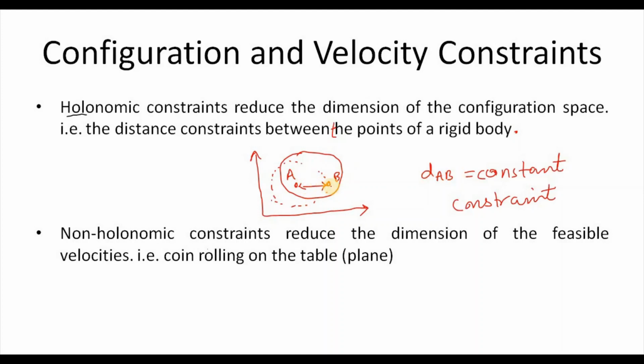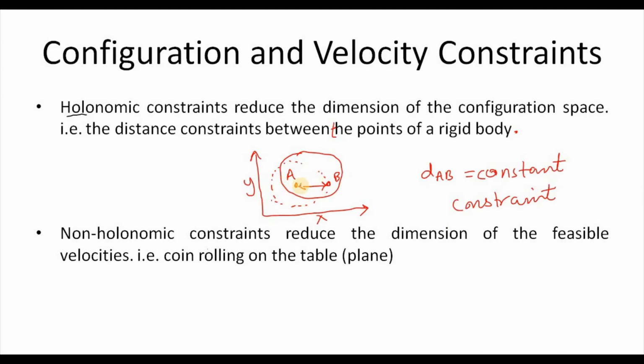So normally this point B should also have 2 degrees of freedom along x and y, but since it has a distance constraint dAB, its degrees of freedom, or you can say the configuration space, has been reduced.